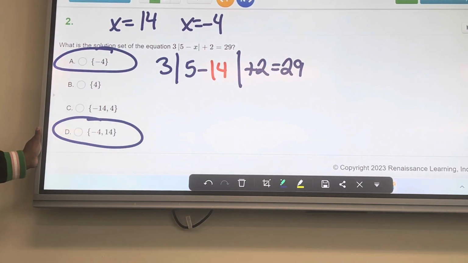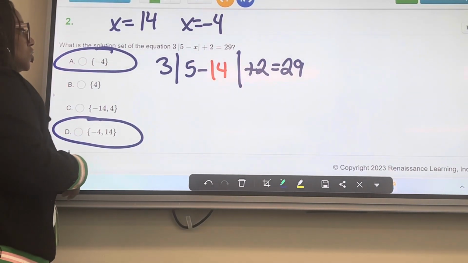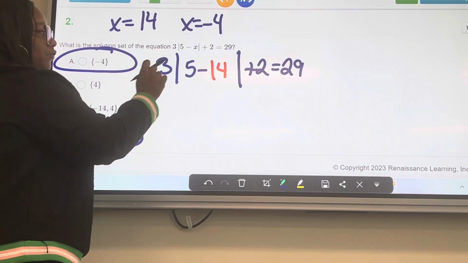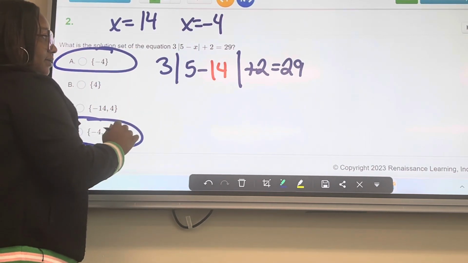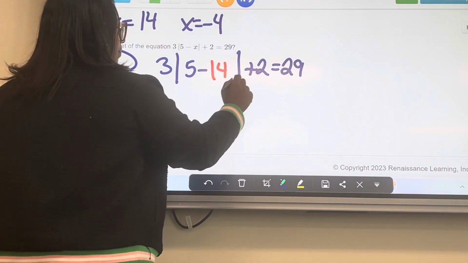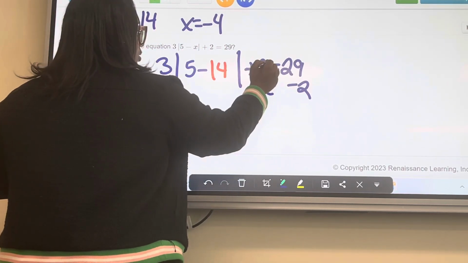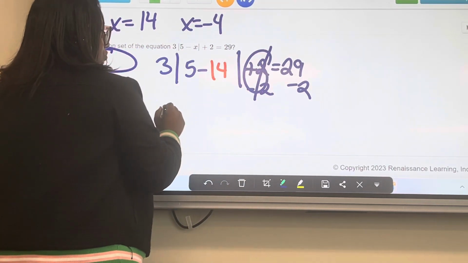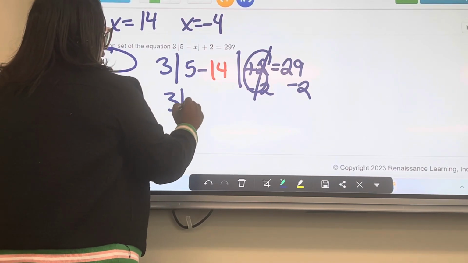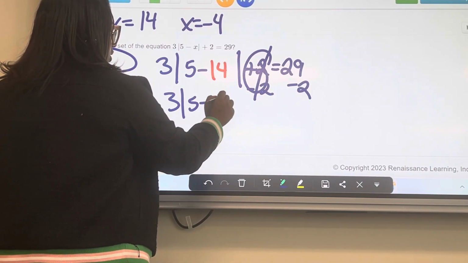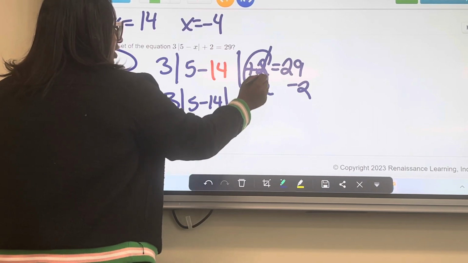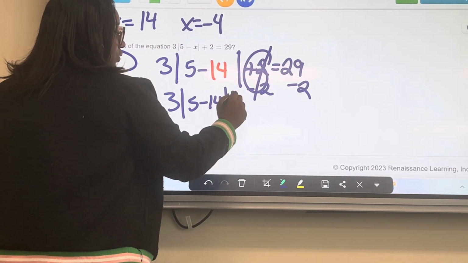Okay, now let's go through and clean all of this up and see if we get a true statement in the end. First things first, I'm going to move this +2 to the other side, so I'm going to subtract 2. 0 pair, it cancels. 3 times the absolute value of 5 minus 14 should equal 29 minus 2, which is 27.